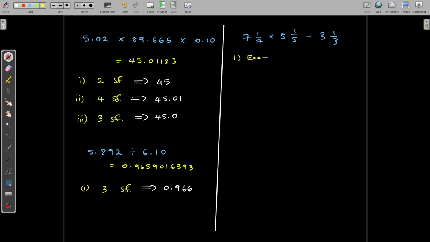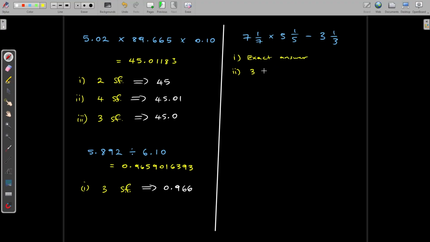And you know what we mean by exact answer, right? Decimal. No. A fraction. So we're working with a fraction, so we leave our answer as a fraction.